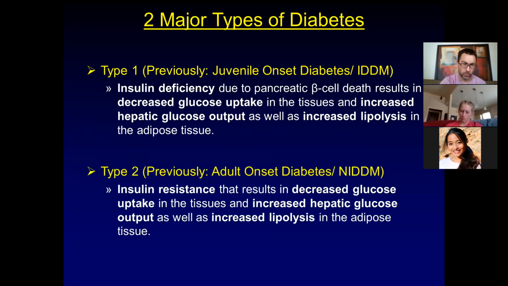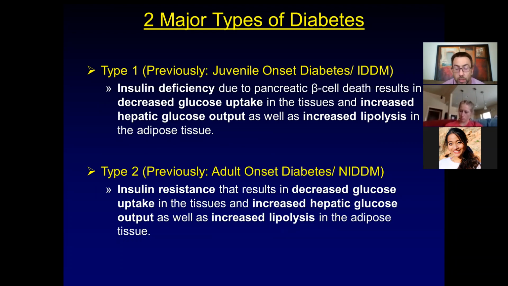So a couple of additional pieces of information about type 1 and type 2. Traditionally, type 1 diabetes has been called juvenile onset diabetes. Type 1 diabetes mostly results from what's called an autoimmune disorder.